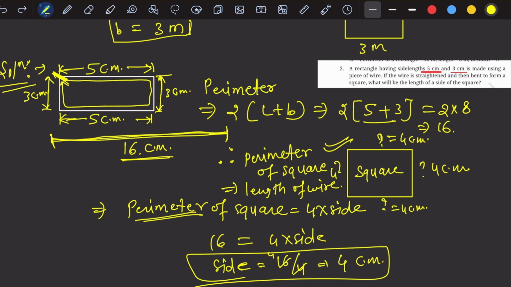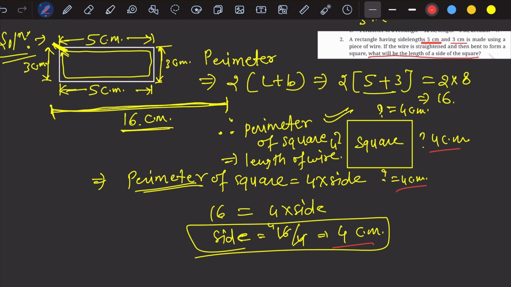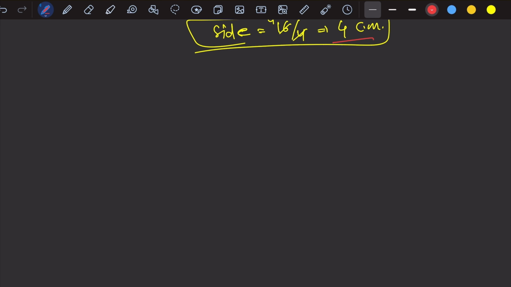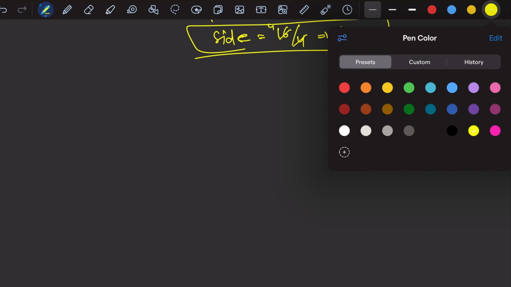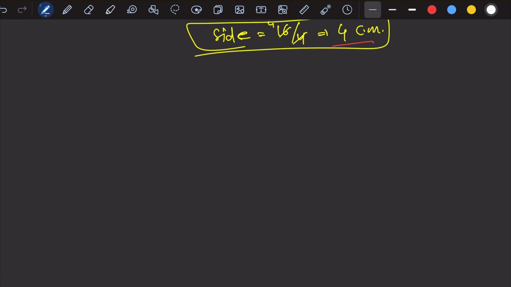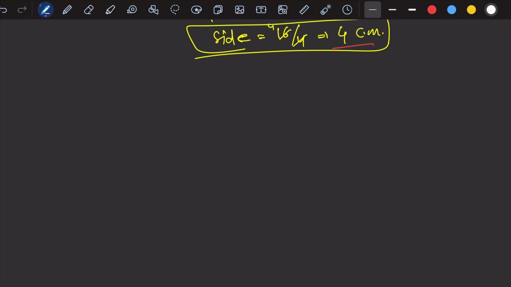Here it is the question: what will be the length of the side of a square? So we found out this as 4 centimeter. Okay, now we will take the next question.